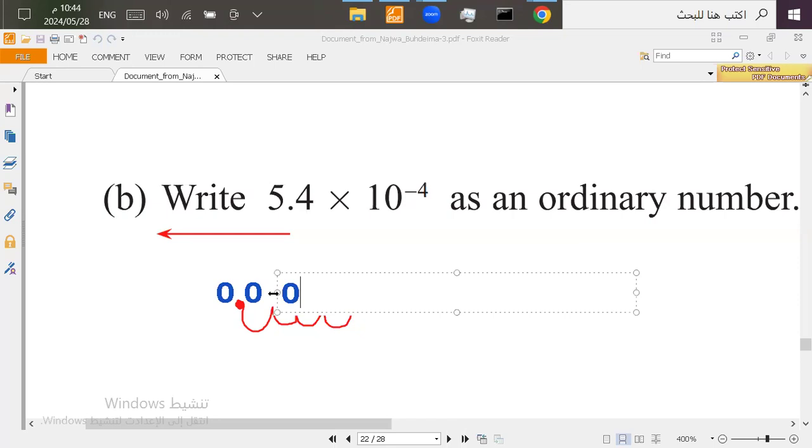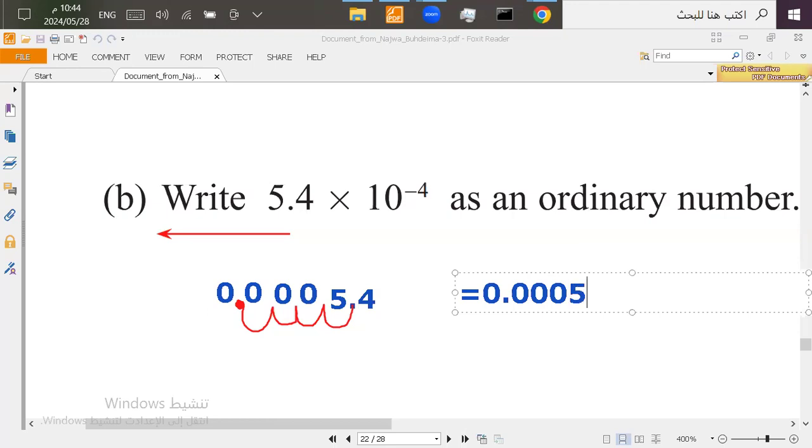So 0 here, and then each space you made with these movements here, you put 0, okay? So the final answer will be 0.0005 4. And this is how you answer a question like this. So focus on the movement of the decimal point and focus on turning standard into ordinary. Now let's move on to the next question.